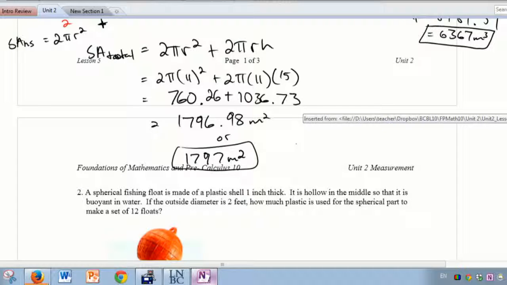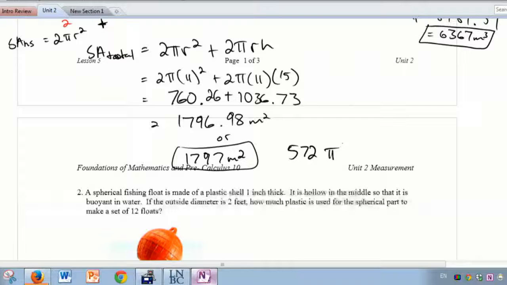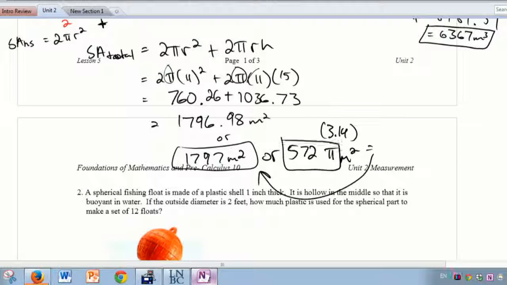So if we take 572 times pi, or 3.14, you end up with the same thing. So if I had just left pi in here, I would have gotten the same answer, the 572 times the pi. So they're the same thing. 572 pi meters squared, or 1,797 meters squared. Just multiplying that pi through. If they ask for an exact value, throw it in terms of pi. If they ask for a decimal, you can leave it as 1,797.